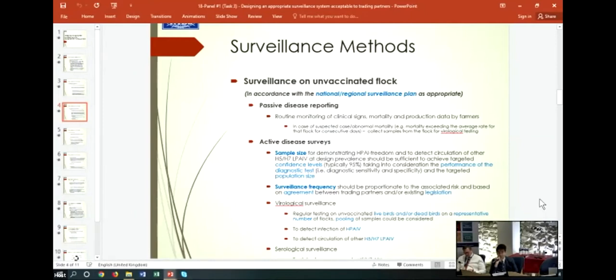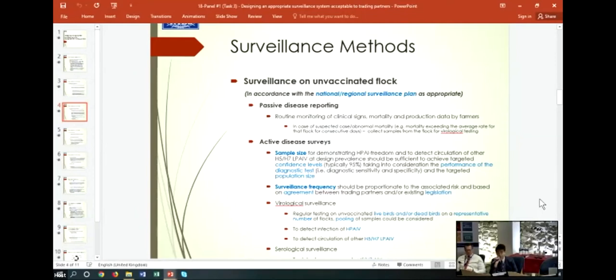As HPAI surveillance in preventive vaccination can be very demanding and focused, H7 and H5 LPAI virus circulation and the associated risk may be missed somehow. So it is therefore important not to neglect surveillance for H5 and H7 LPAI viruses. In particular, in some countries, for example, some EU countries, LPAI surveillance is still foreseen by the legislation.